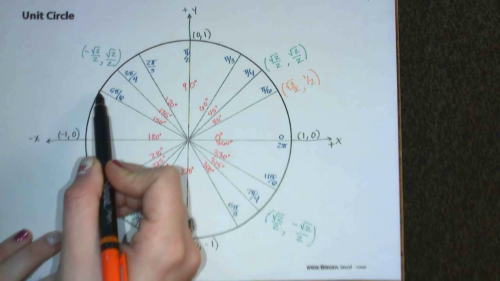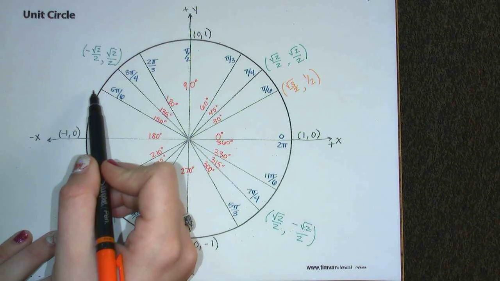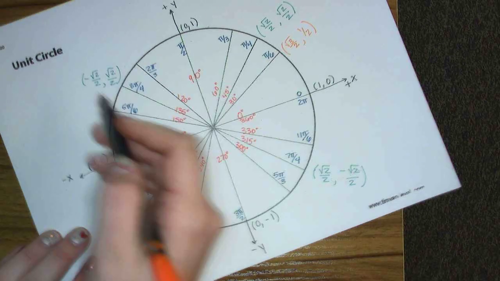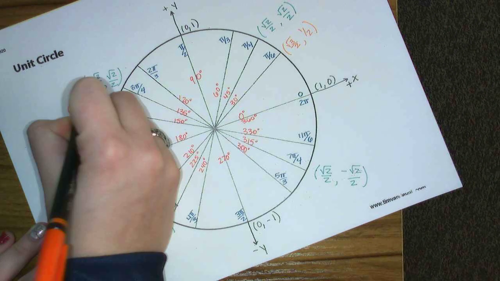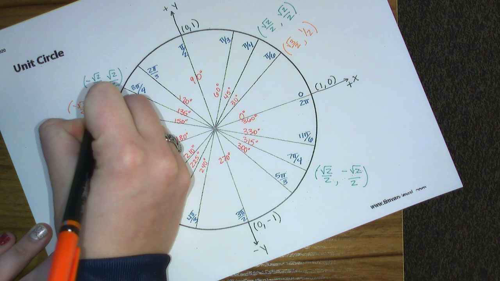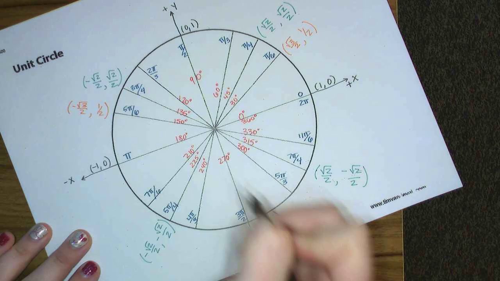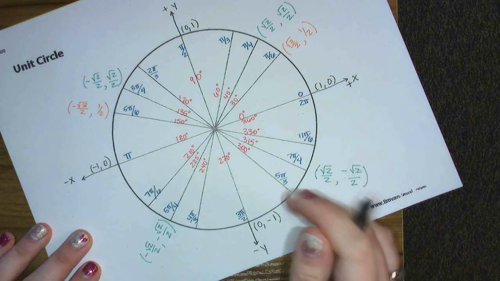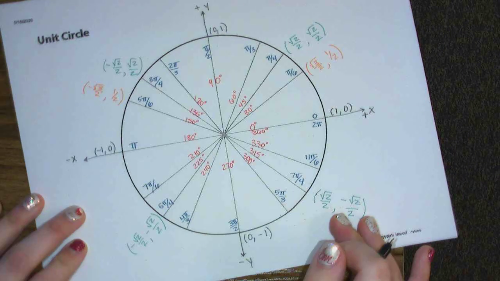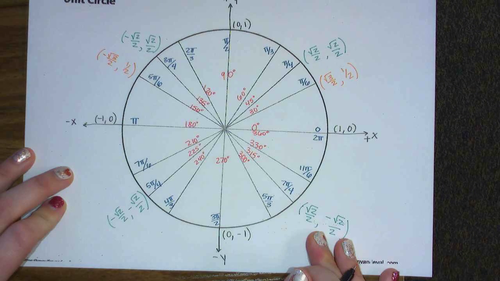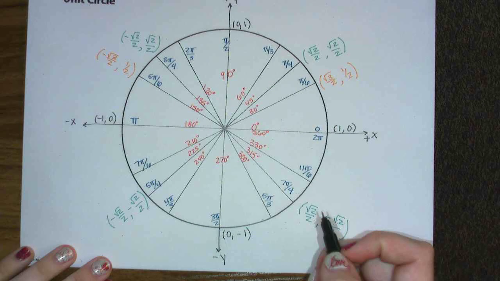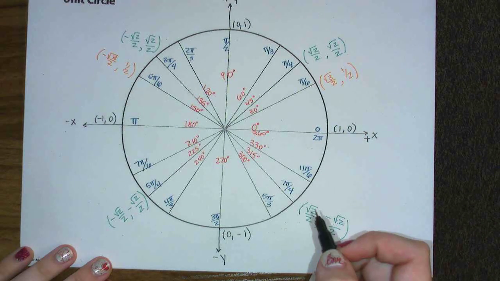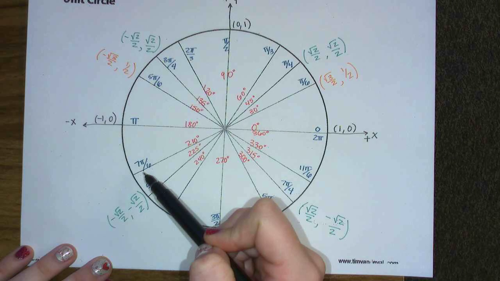So it's the same numbers, but my x is now negative, y is still positive. So I'm going to have negative root 3 over 2, comma, 1/2. I'm going to rotate it back, just trying to write it, so try to keep it straight. Okay, now I'm going to come down to 7 pi over 6.